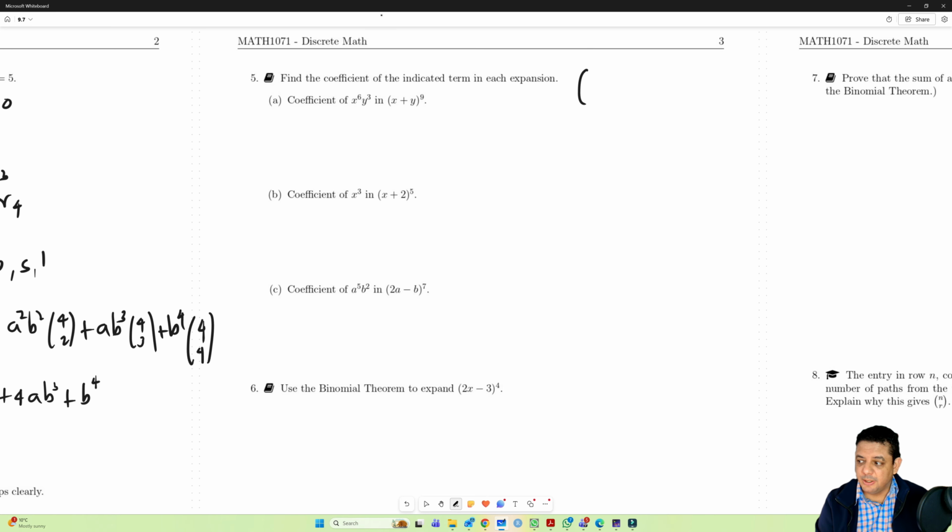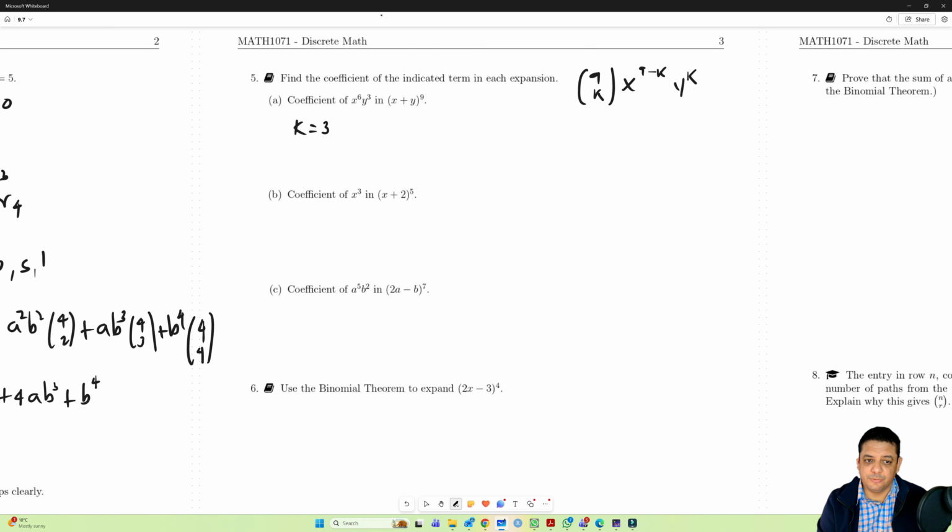So for example, for power 9, you're always going to have a coefficient of the form 9 choose k, x to the 9 minus k, y to the k. So the first thing is that we can identify who's the k. In this case, k equals 3.